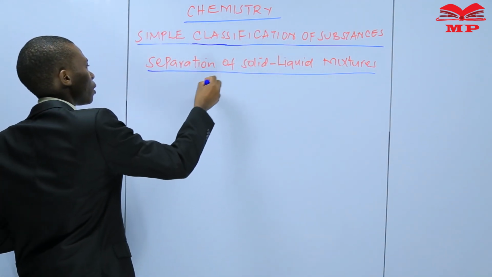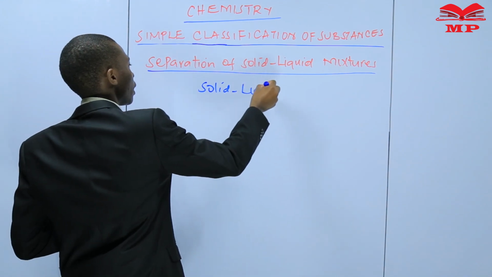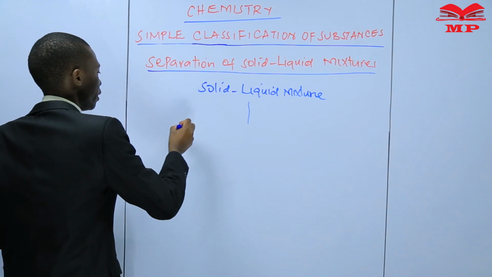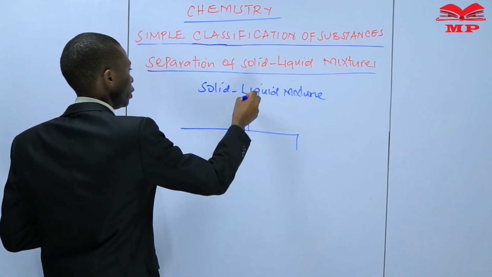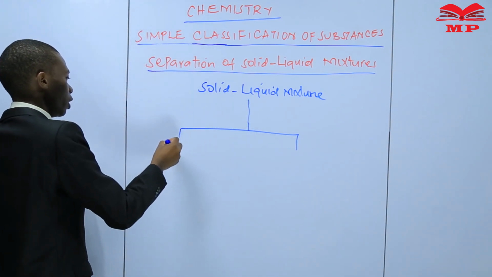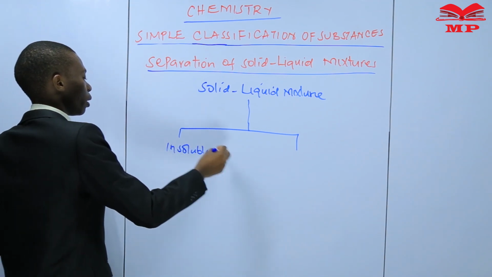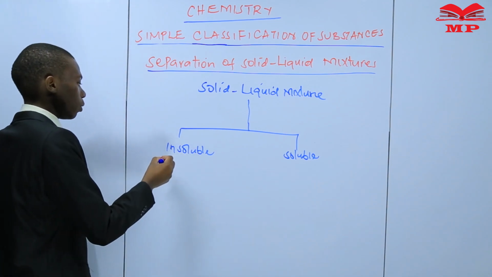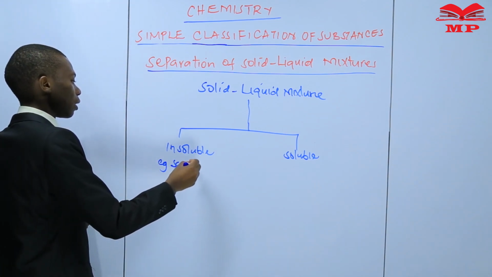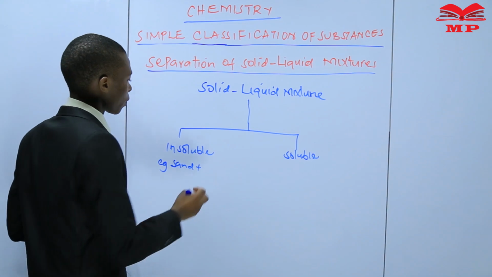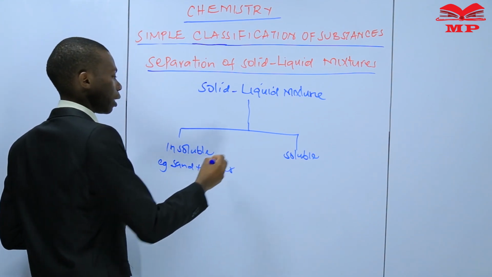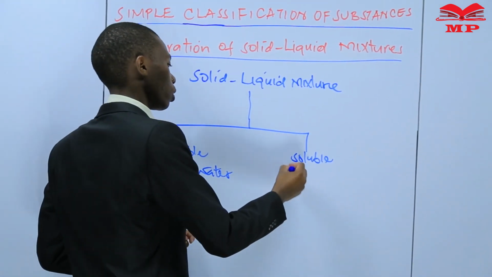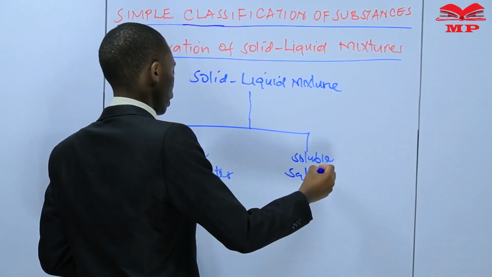So our solid-liquid mixture is divided further into insoluble and soluble. For the insoluble, we give the example of sand and water, and for the soluble, we give the example of salt and water.